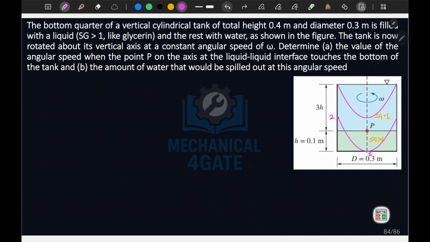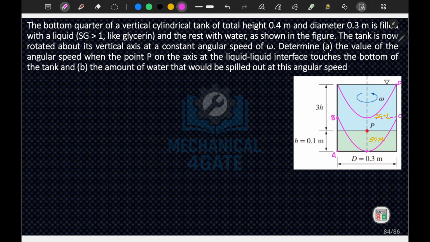Or let me mention it like this: let's say this point here is 1, this point is 2. And since it is like this, let me use alphabets here: this is A, B, and here this is C, D.